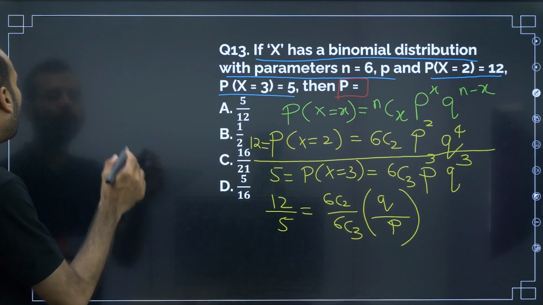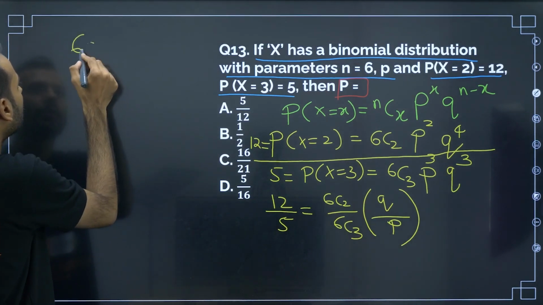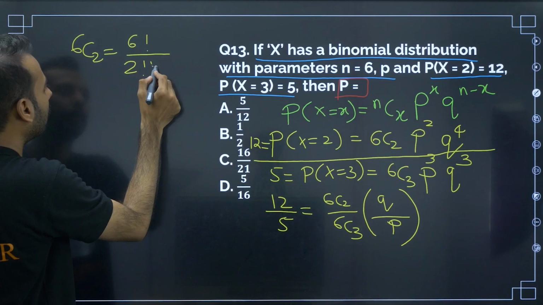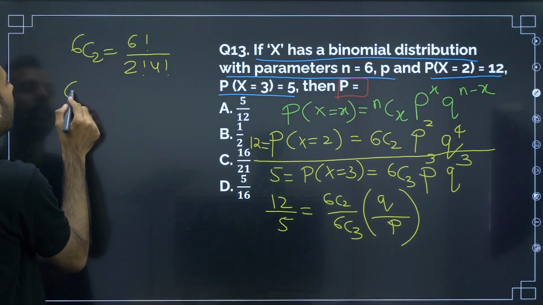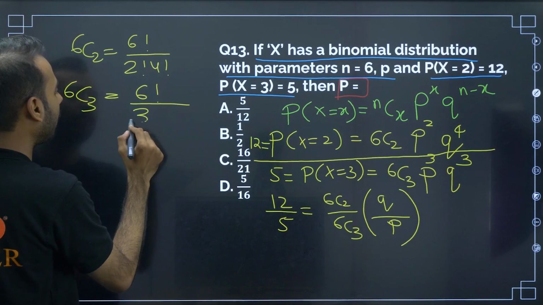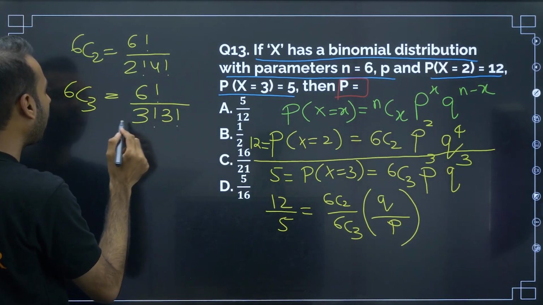Next, 6C2 is 6 factorial by 2 factorial 4 factorial, and 6C3 is 6 factorial by 3 factorial 3 factorial.